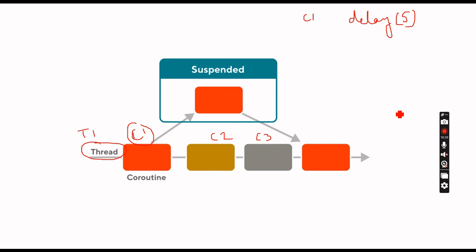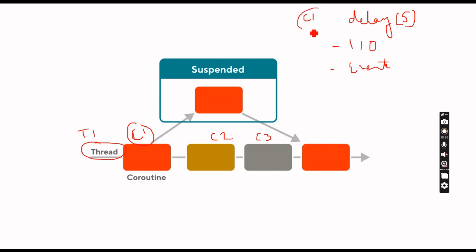So we are simply saying that C1 is using a delay or timeout function, or C1 might have an IO request for which it has to wait for a response from a downstream service, or it might be waiting for a particular event to happen before executing part of its program.